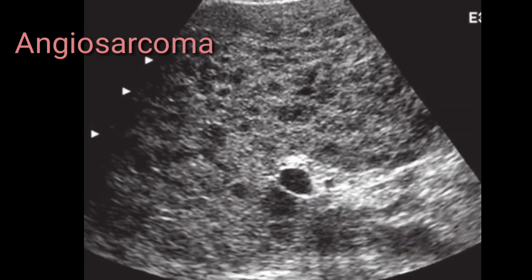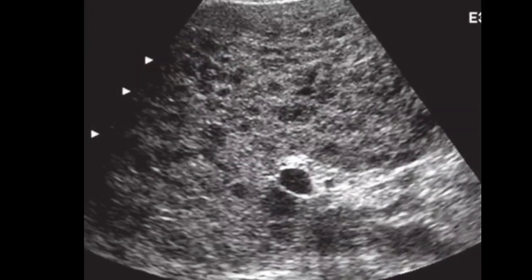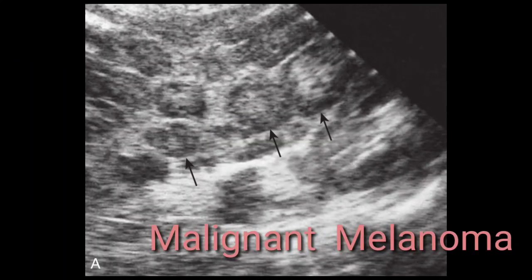So mention in your report the size and sites of the lesions and also write down that correlation with the previous record and history is suggested. On this ultrasound image, the splenic parenchyma is interrupted by multiple mixed echogenicity nodules of variable sizes. Radiologically, these lesions are called target lesions, or also called the bull's eye sign.